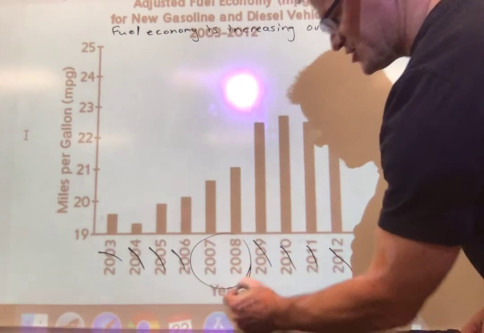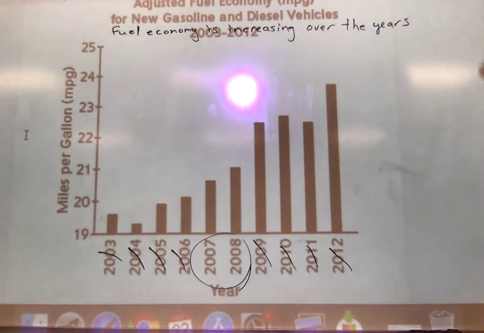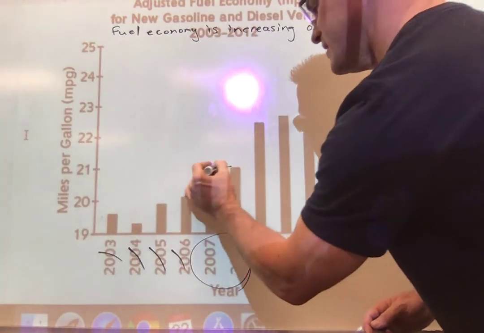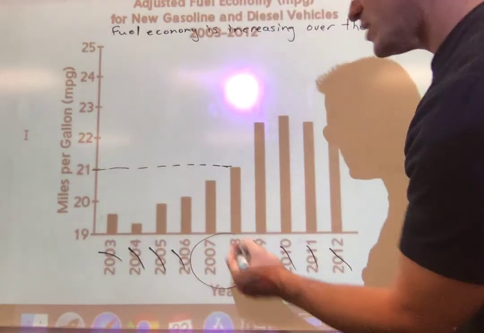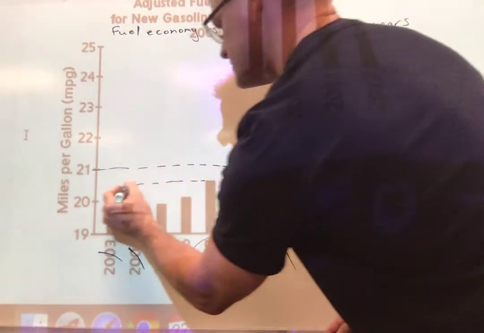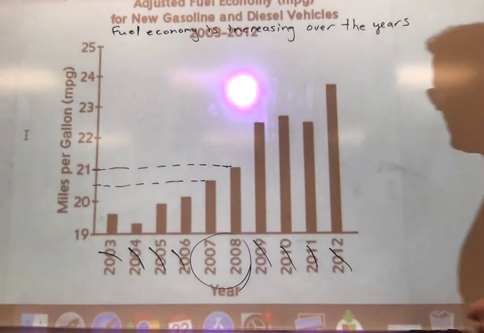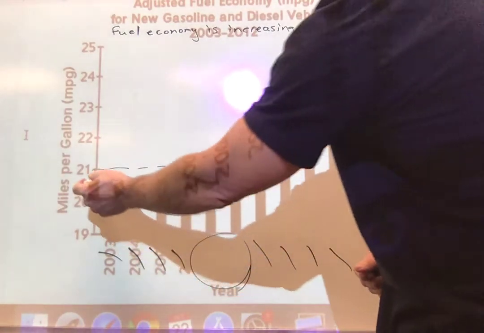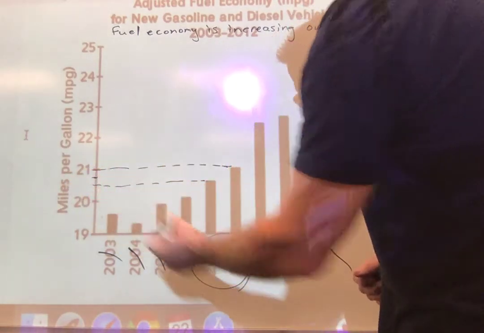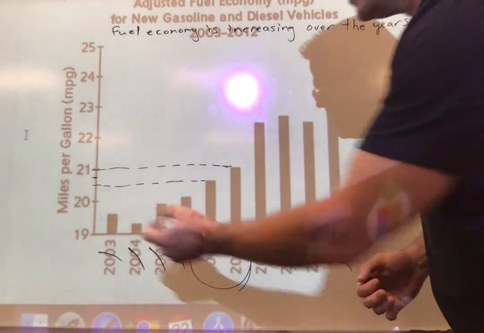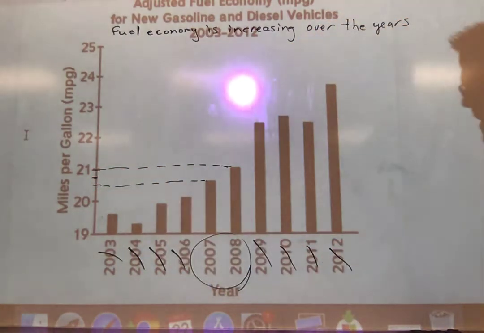And I see there's 2, so we take the middle of those to get the true median. This one is around 21, and that year is a little under 21, maybe 20.5. So my median would be somewhere in the middle here, close to 21, a little bit under. The miles per gallon should be my median.